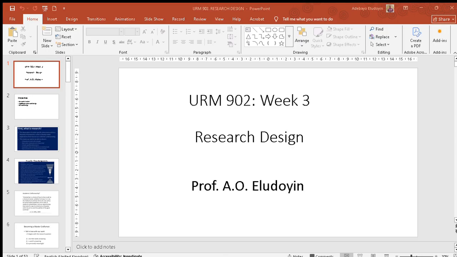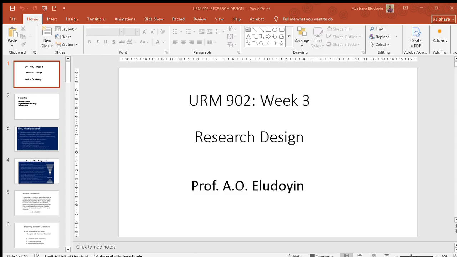So we'll continue about the research design. The other time we actually made a kind of preparation towards the actual research design. And when we mention things that are expected in a research, the objectives remain the same: we're going to be talking about research overview, most of the things that we did in the last class. Then we talk about the significance of research design, and then what research design itself is.